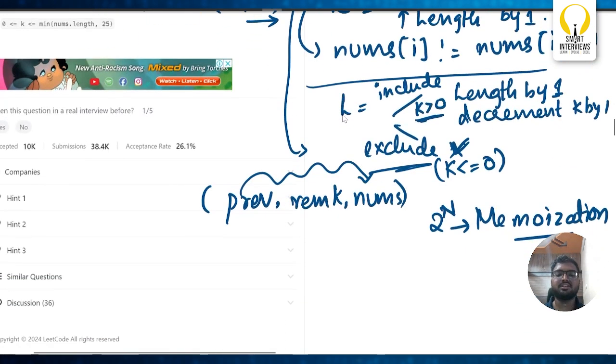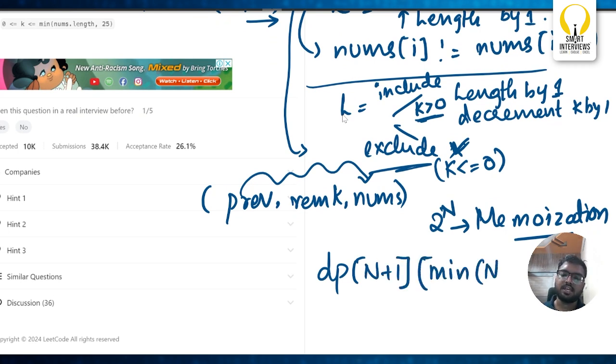We'll initialize dp of n plus 1 and minimum of n plus 1 comma 26, because as it is equal to 25, we have to include it, so the size of the array can be 26 there. So these are the two parameters it is depending upon: first is array size and other is k, and we'll initialize this entire thing with -1 initially.